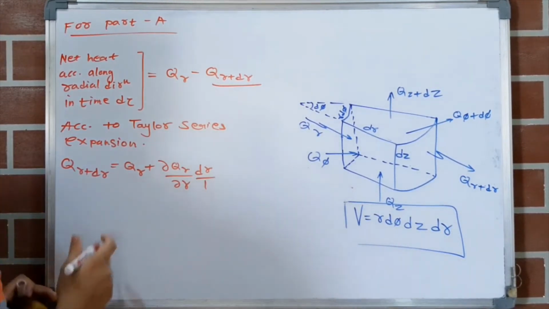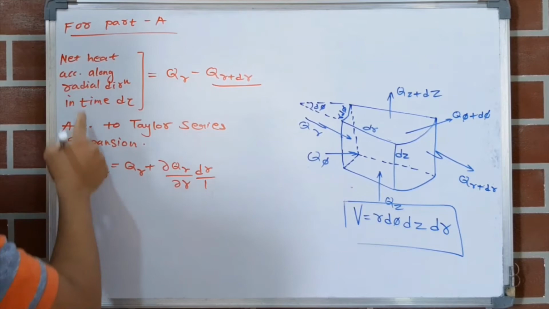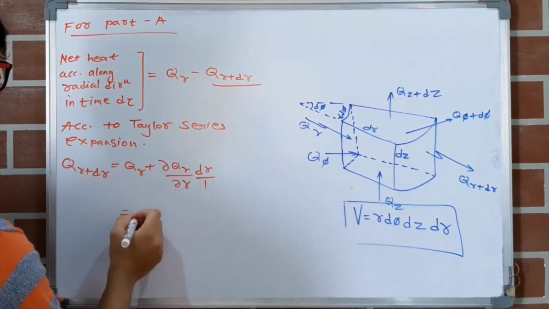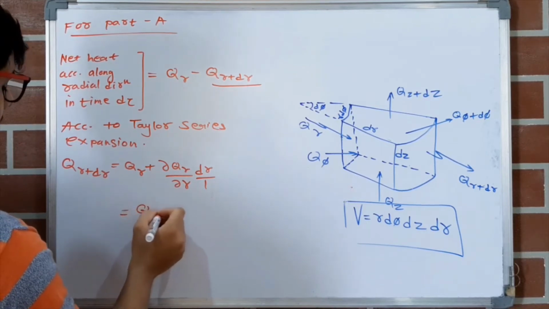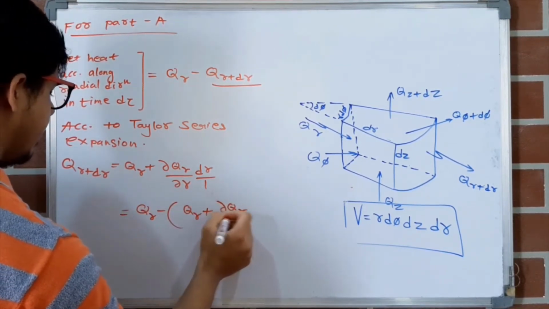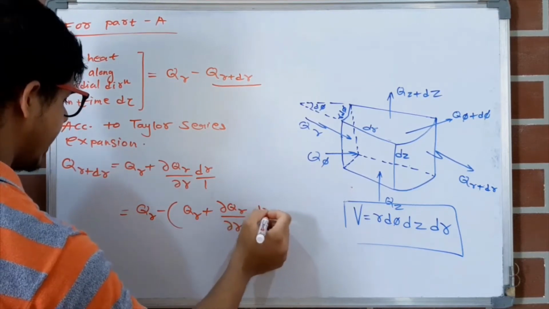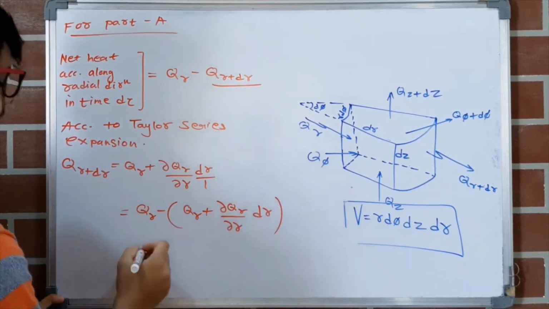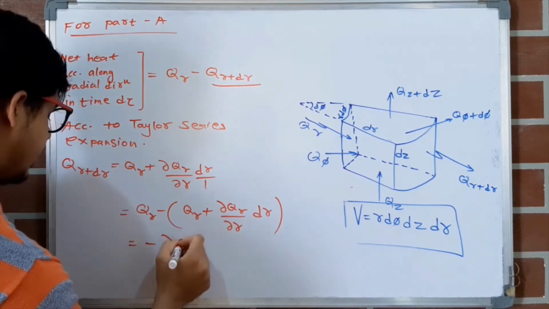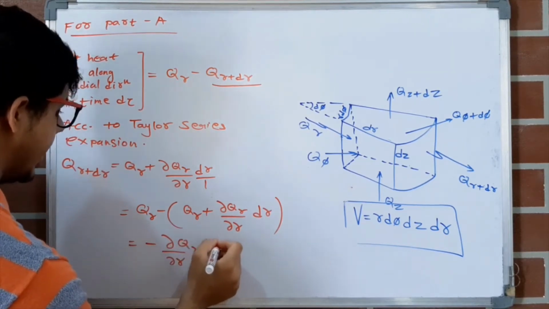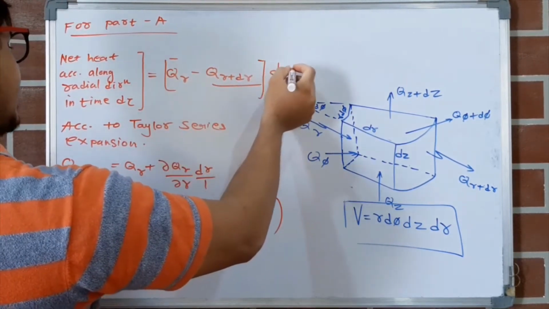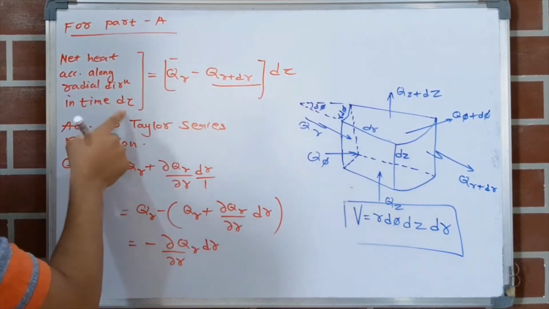So we will get the net heat accumulated in the radial direction in time d tau, which is equal to Q R minus of Q R plus del Q R by del r into dr. If you open this bracket, then we will get minus del by del r into Q R into dr. Okay, here we had forgotten to multiply the d tau because we want to find it in time interval d tau.